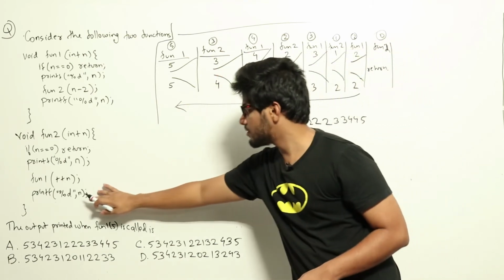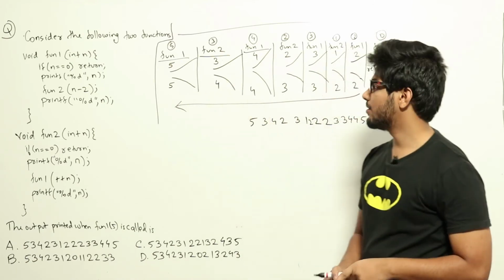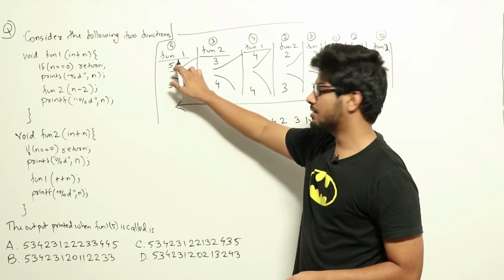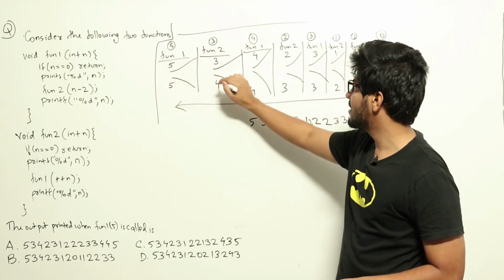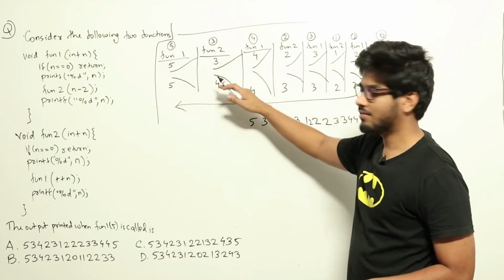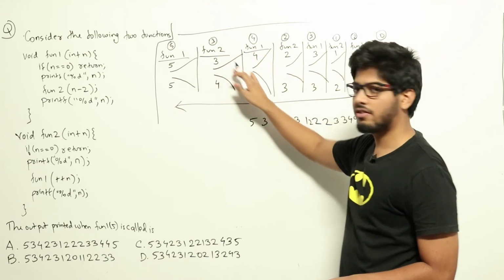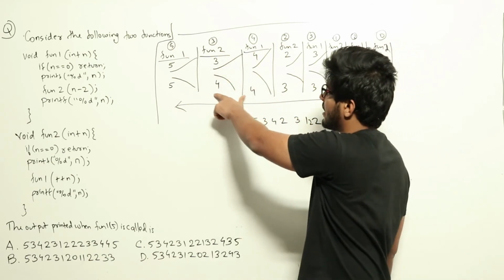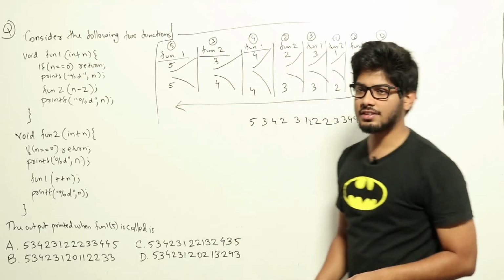After that, n is also incremented, so it will print that incremented value of n here, which is 4 now. So initially we will start with fun1, it will print 5, it will call fun2 here, it will print 3. Now it will print whatever is printed by the fun1 function when it is called. At the end, it will print a 4 here, it will come back to this fun1 function, it will print 5, and then it will exit.